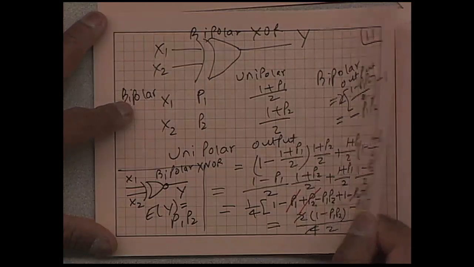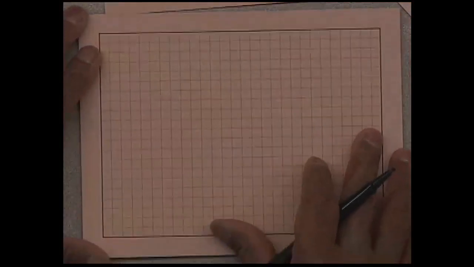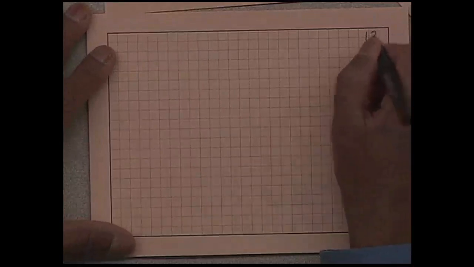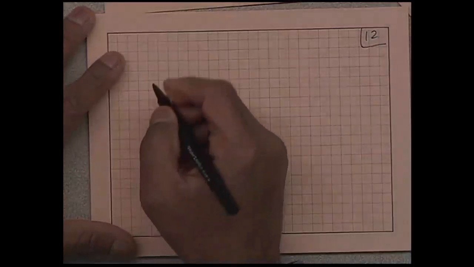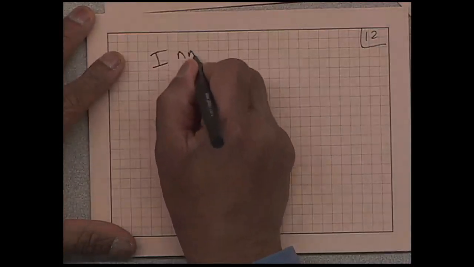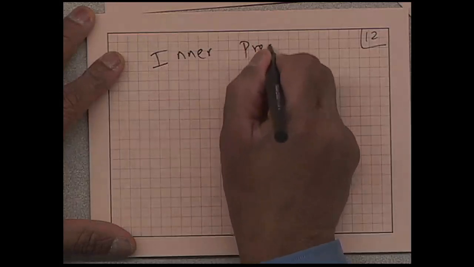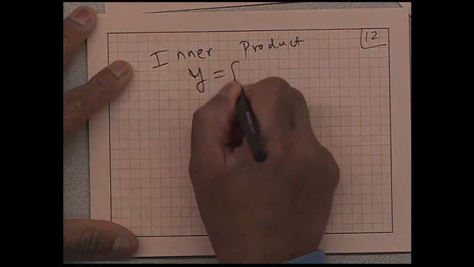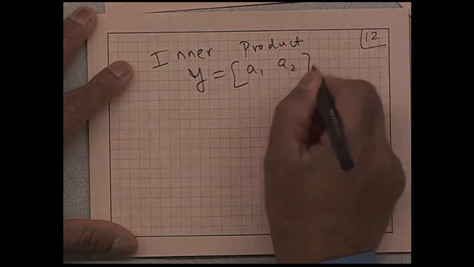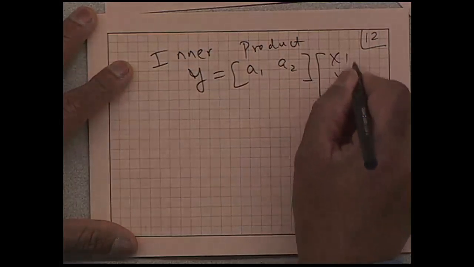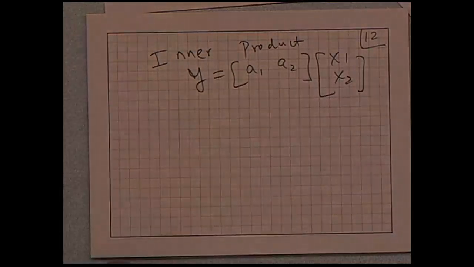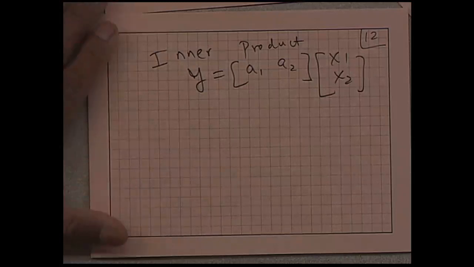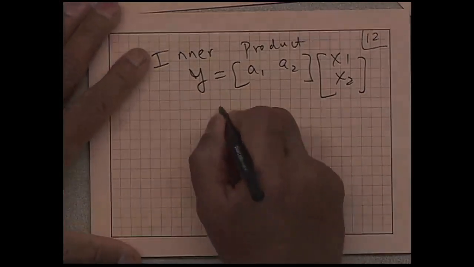So I want to compute an inner product. Y is equal to A1, A2 dot X1, X2. So that's the inner product of the vector A and the vector X, which is A1 X1 plus A2 X2.